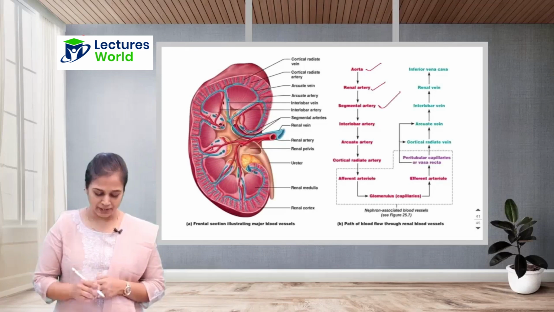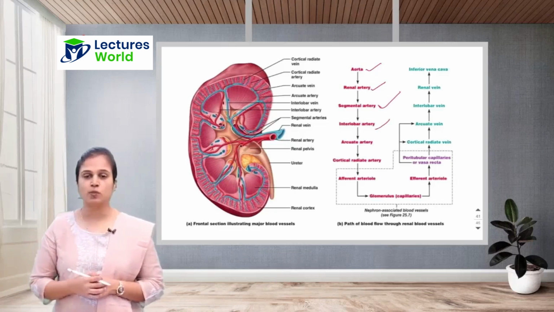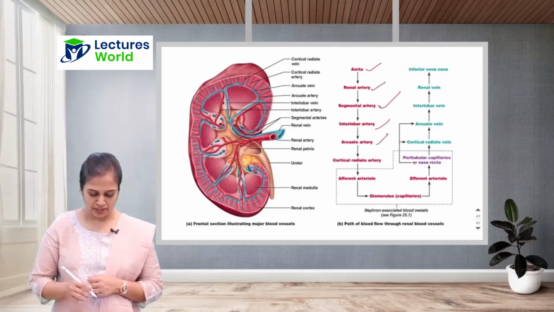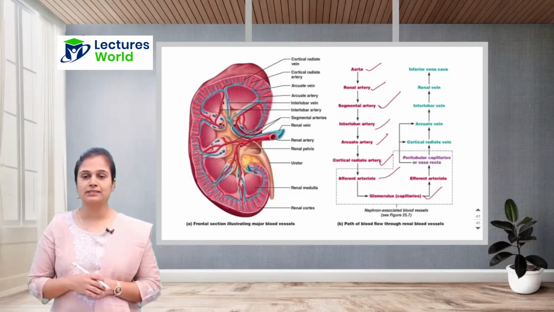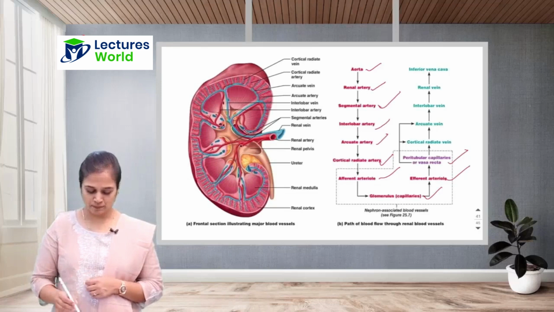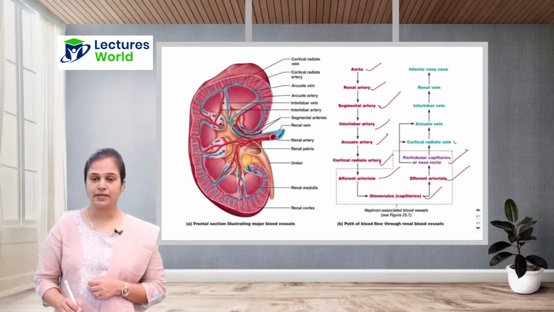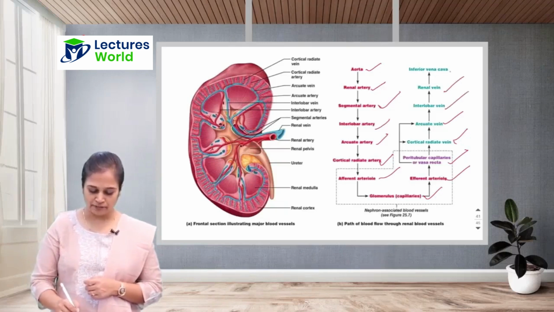From the segmental artery, it goes into the interlobar artery, then the arcuate artery, cortical radiate artery, afferent arterioles, glomerular capillaries, efferent arterioles, and vasa recta. Then it goes to the cortical radiate vein, arcuate vein, interlobar vein, renal vein, and into the inferior vena cava.